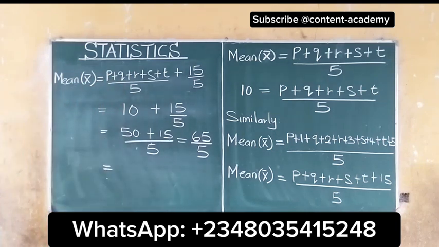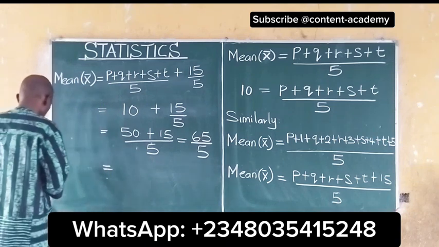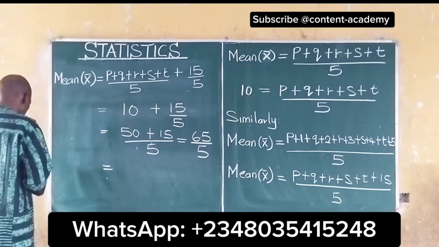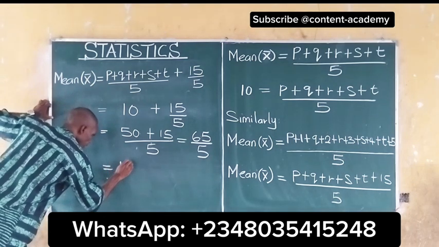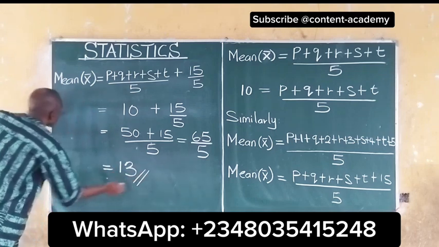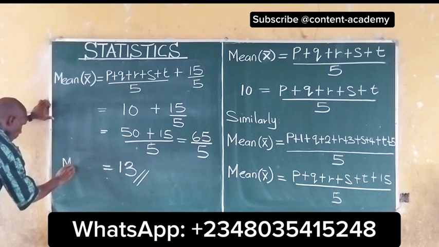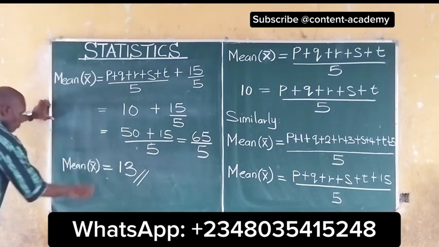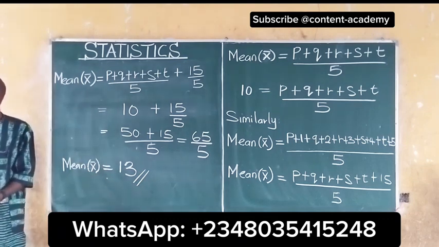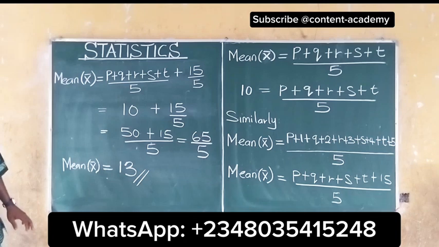Now, 65 divided by 5 is 13. So our mean is equal to 13.